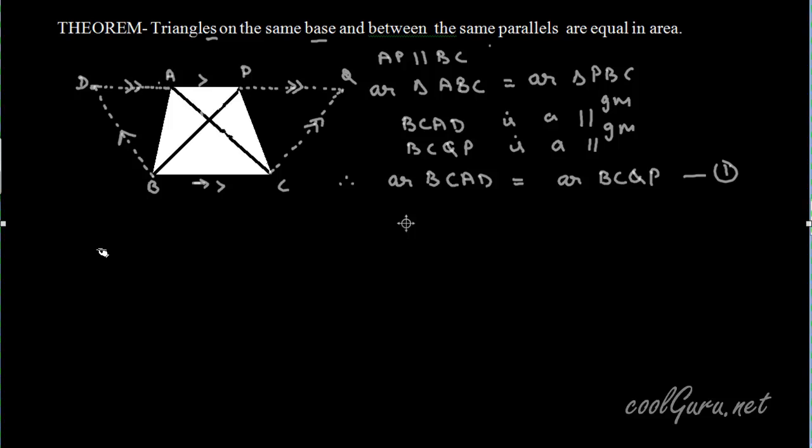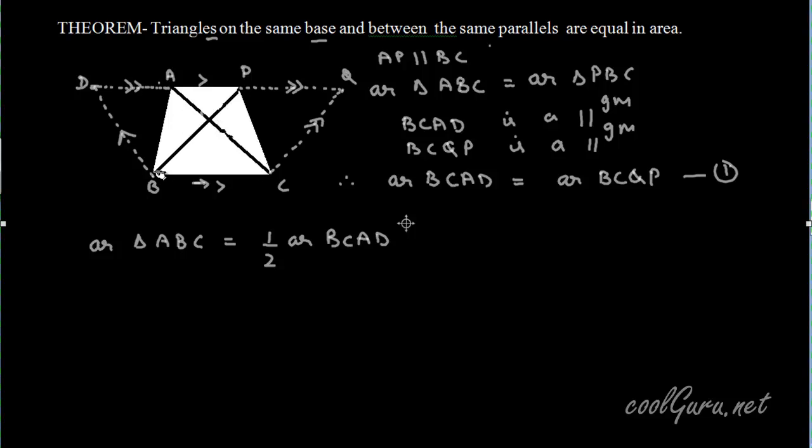Now consider this triangle ABC. Now area of triangle ABC is equal to half the area of parallelogram BCAD. Why? Because now if you see this figure carefully, BA is actually diagonal of DACB.